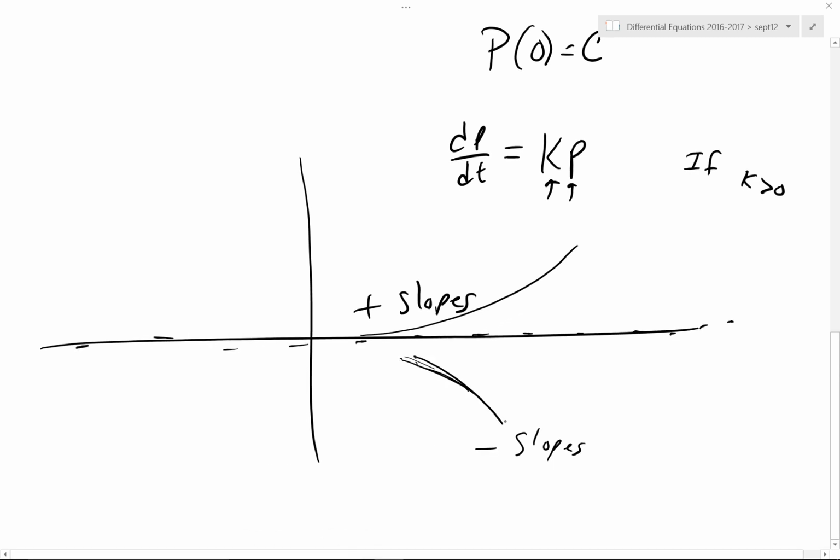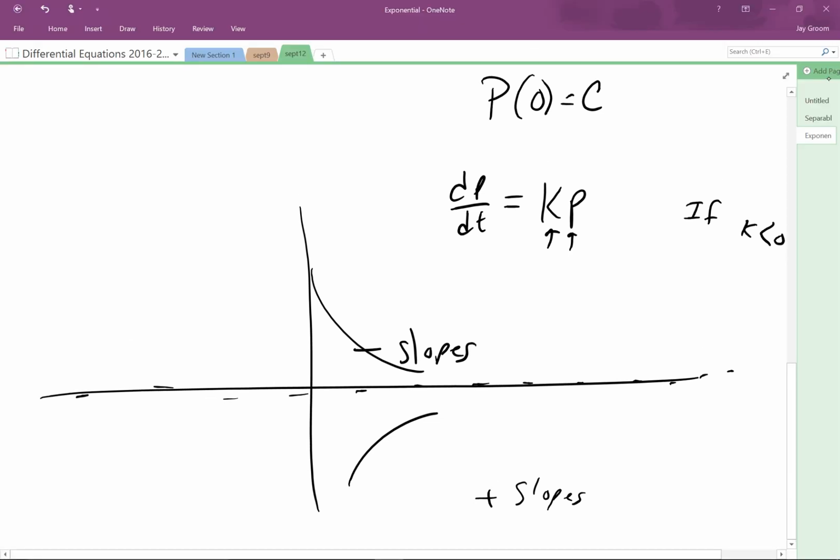So semi-stable, stable, or unstable equilibrium? Unstable. I'm always just going to keep bringing that back into play. Of course, what if k was less than 0? So this one would be stable. Nice. All right, piece of cake.